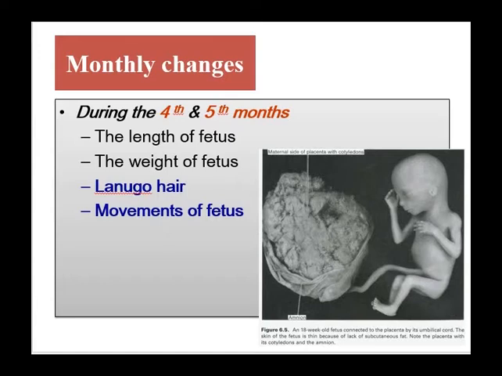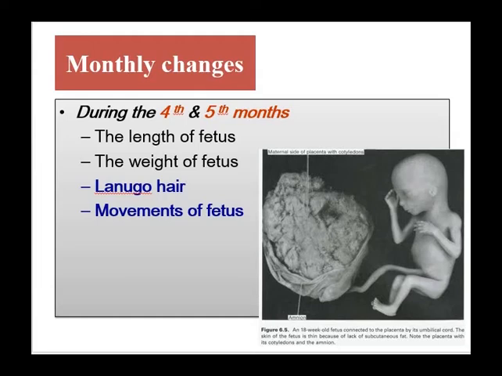So the connective tissue underlying the skin is not developed yet. And a fetus born during the 6th month or in the first half of the 7th month has great difficulty to survive because the central nervous system and respiratory system are not yet well developed and not able to function.